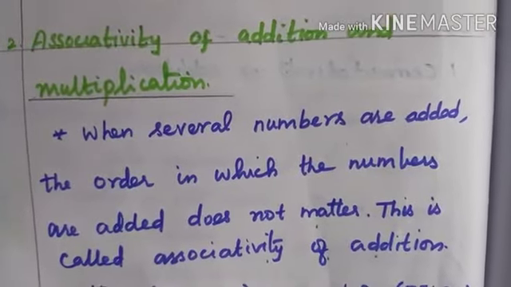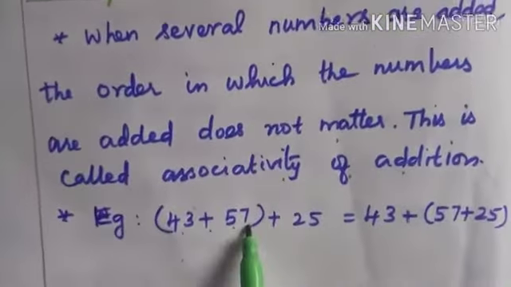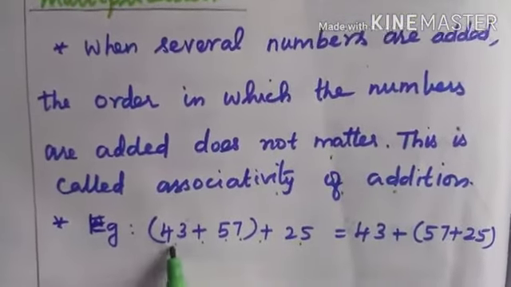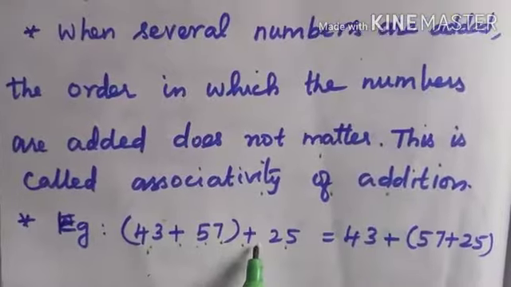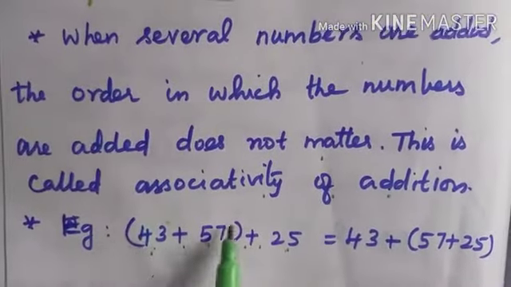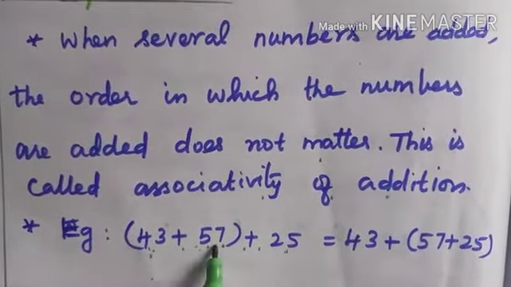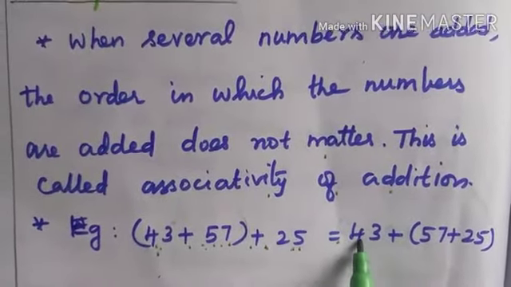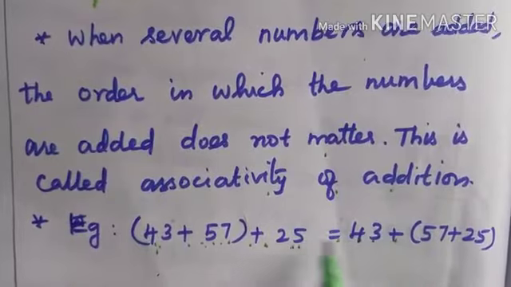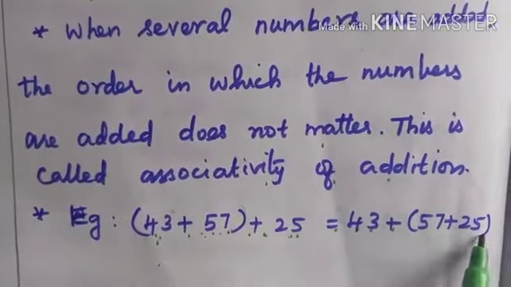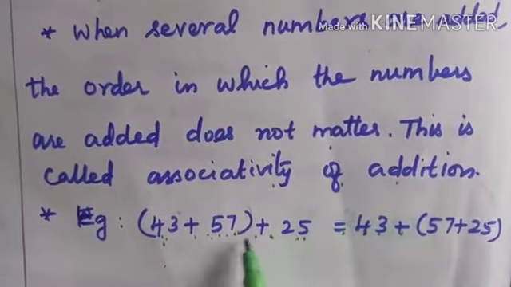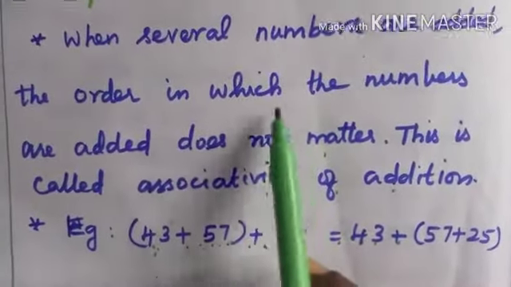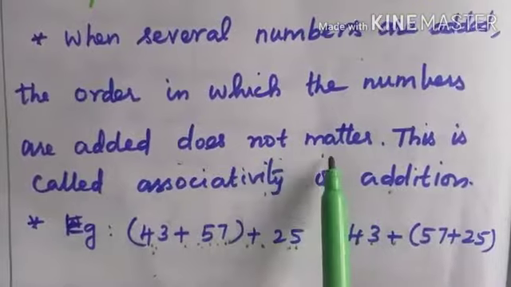Now you see here 43 plus 57 plus 25. Three numbers are taken. The bracket is here for 43 plus 57, and when we add it to 25, we write 43 as it is plus the bracket of 57 and 25. When several numbers are added, the order in which they are added does not matter.